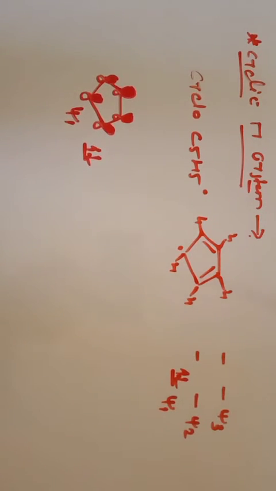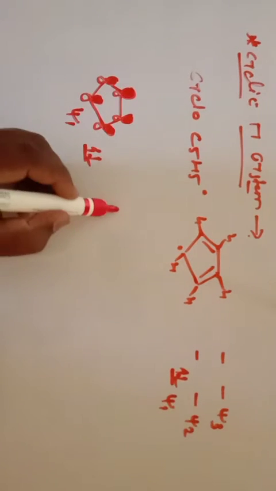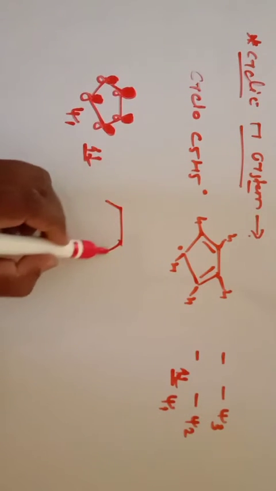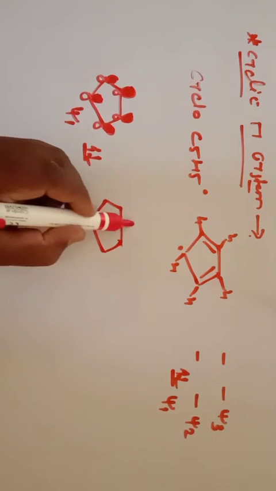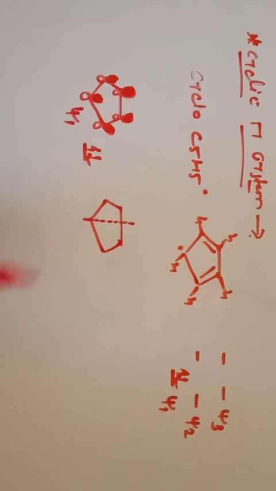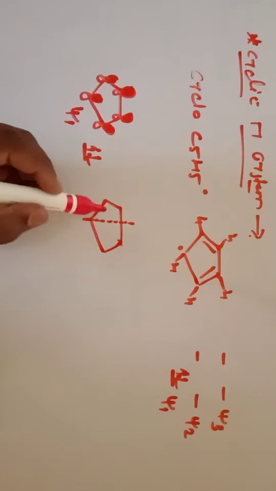One is the node which bisects the molecule into two equal halves. So this is the node.